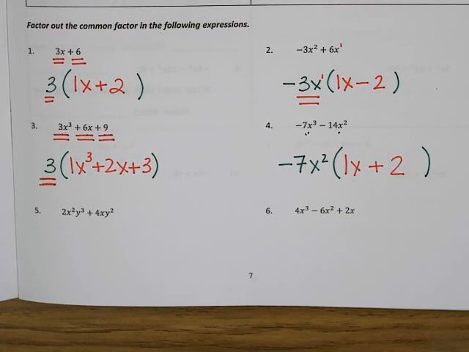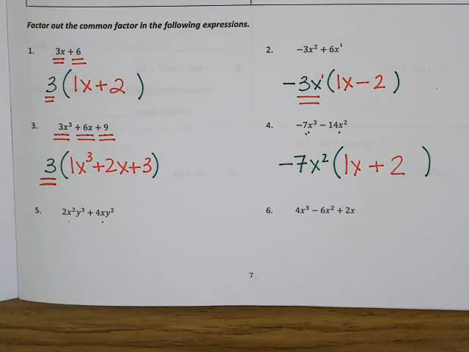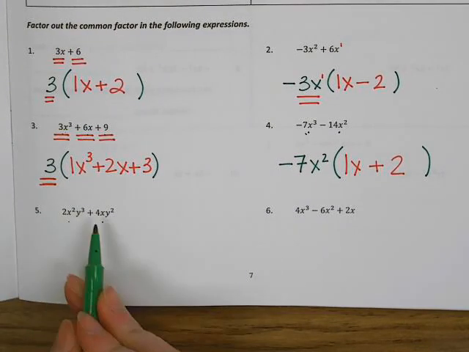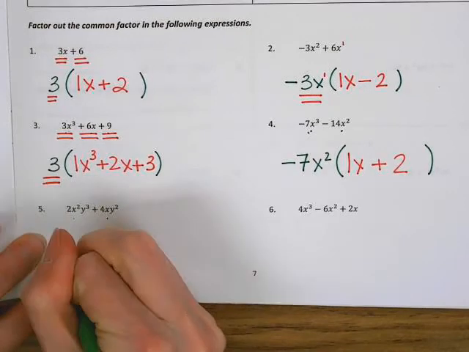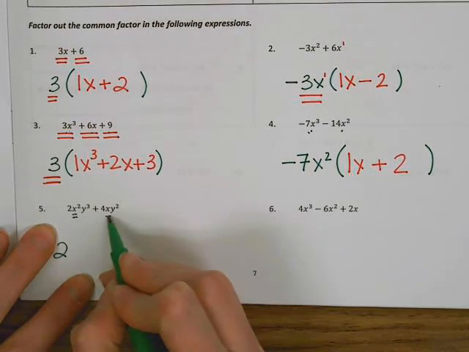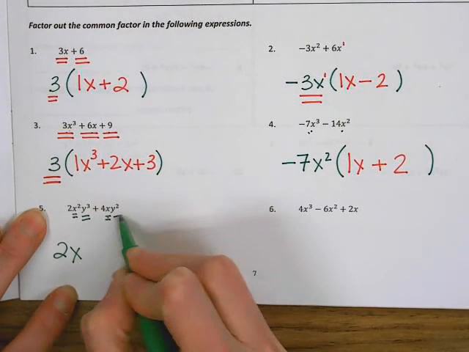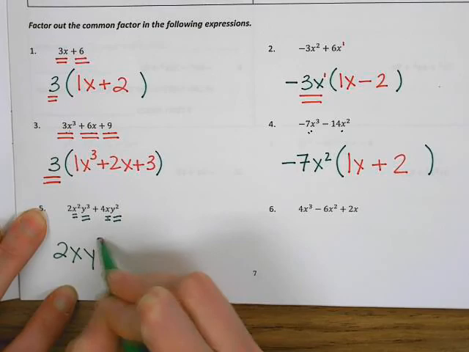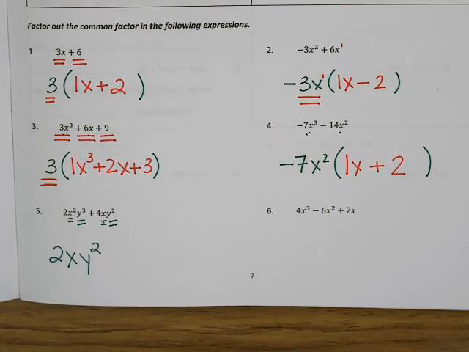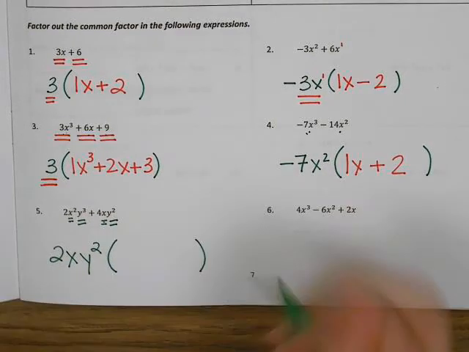All right, let's keep going. Number 5. What is the GCF of these two terms here? So out of 2 and 4, the greatest common factor is 2. Out of the x's, we can only pull 1 out, but out of the y's, we can take 2 out. You can only take the smaller amount of each variable power.